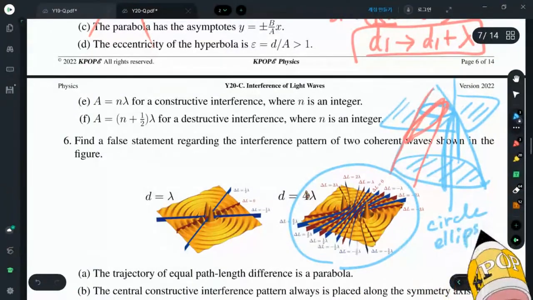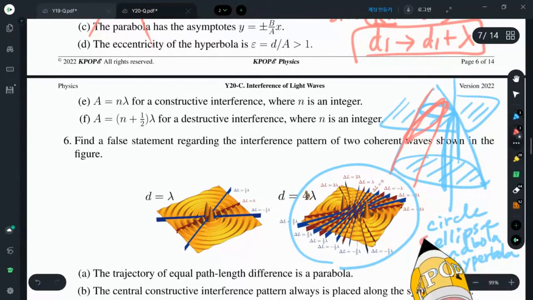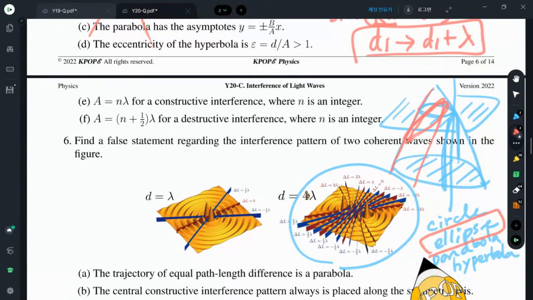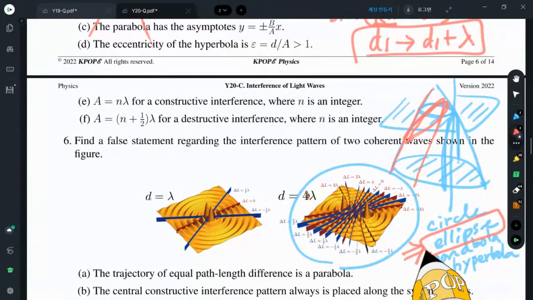And actually, among these, the circle, ellipse, parabola, and hyperbola, Kepler found the track of celestial bodies under gravitational force. Kepler's first law of planetary motion is called the law of ellipses.